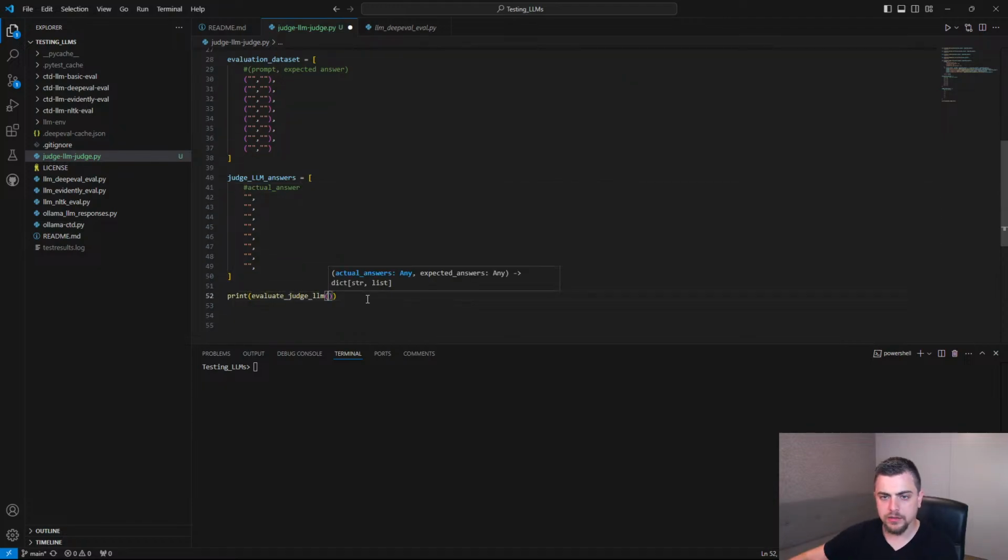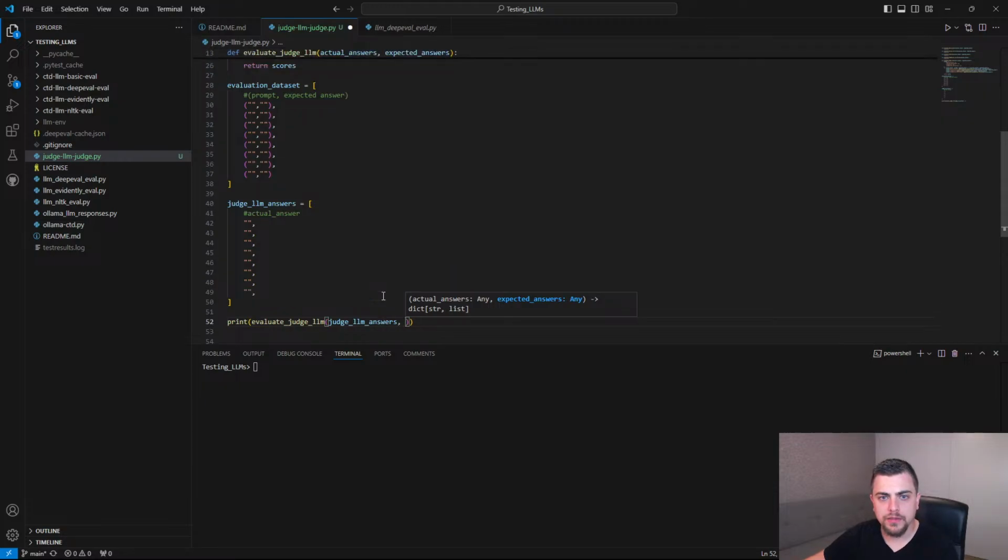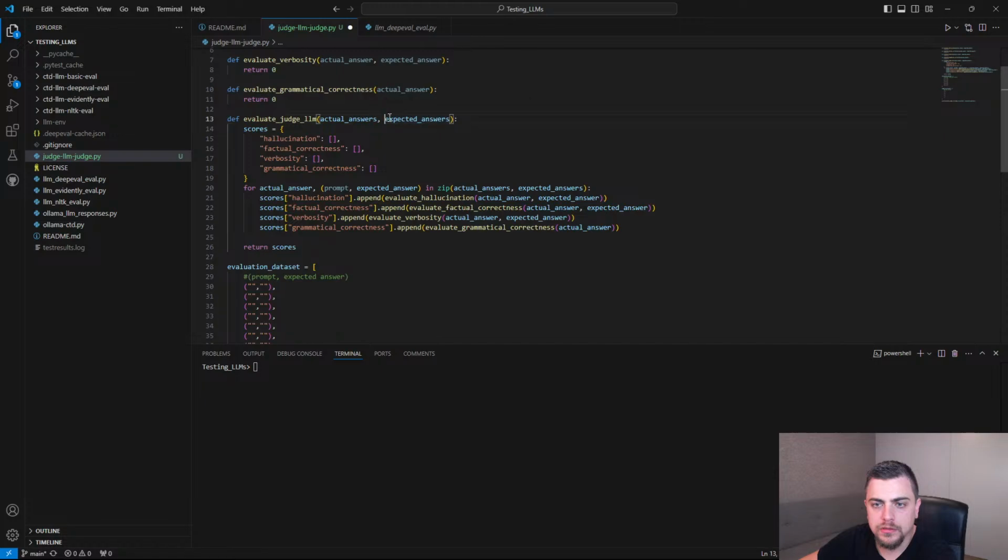So when I just evaluate as in actual answers, yes, these are, so is the judge. Oh, I can't stand these capital letters. Hurt my eyes. Judge LLM answers and the evaluation dataset. Yeah, because the evaluation dataset contains the expected answers, I think. Yes.